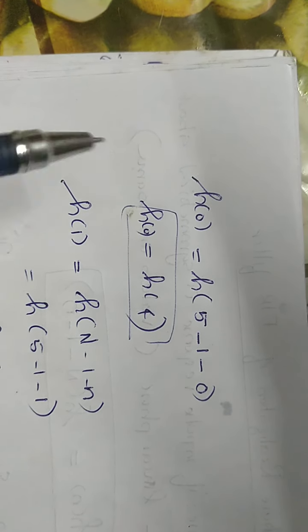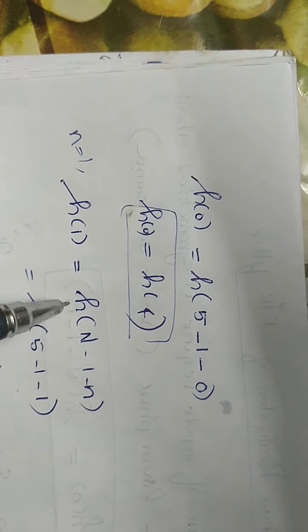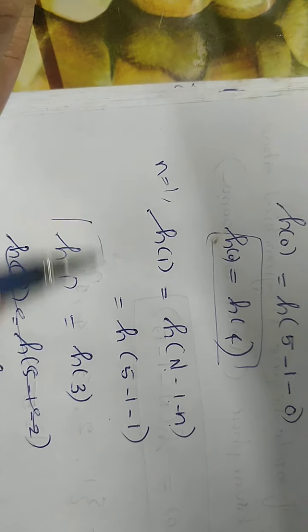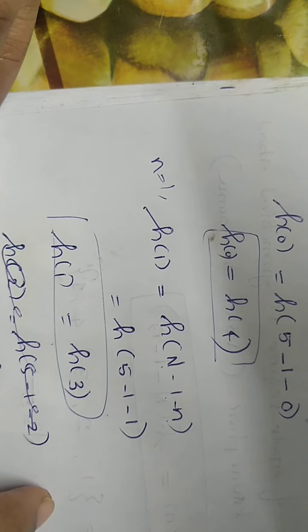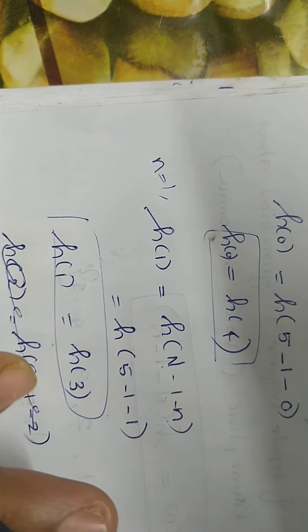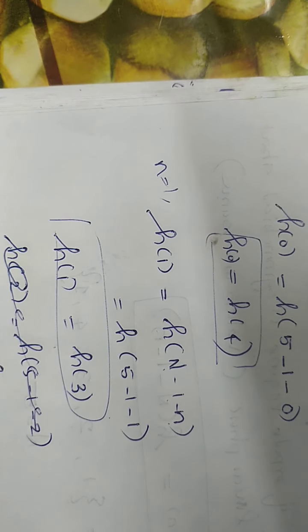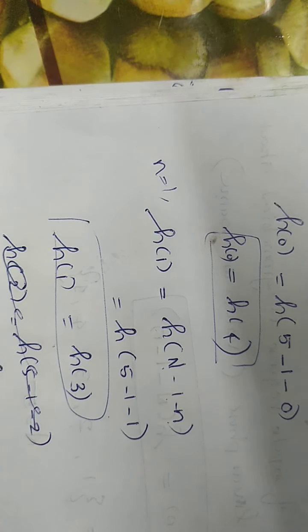Similarly, if n is equal to 1, then h of 1 is equal to h of 5 minus 1 minus 1, which is equal to h of 3. That means h of 1 and h of 3 are symmetrical. This symmetric property is known as linear phase. The equation is h of n is equal to h of N minus 1 minus n.